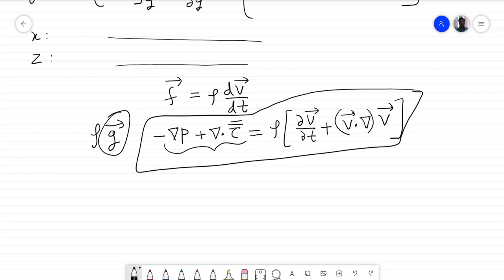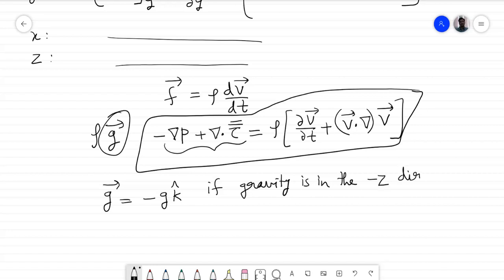If gravity is acting in the z direction, then the g vector will be minus g k cap, if gravity is in the negative z direction.